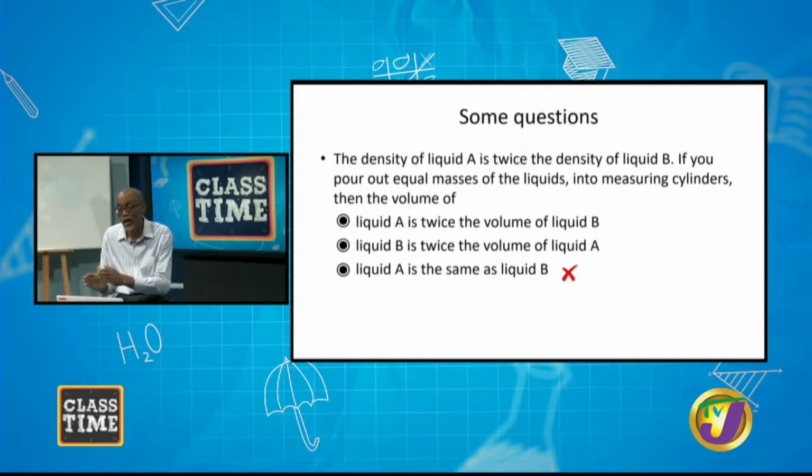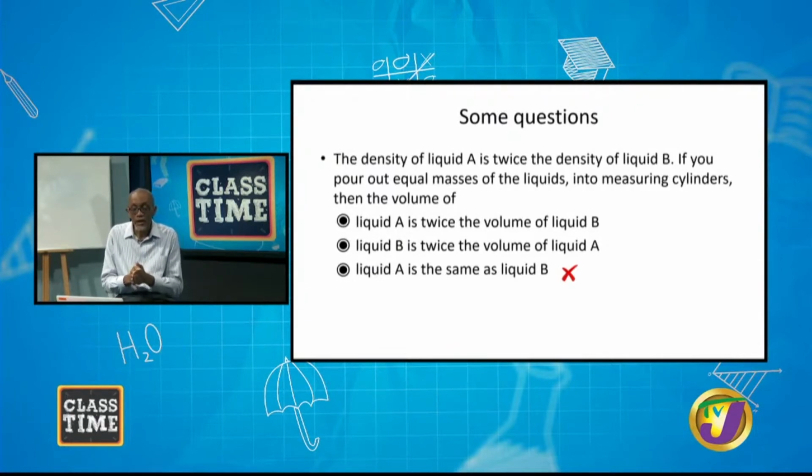Remember what we saw? When they had the same mass, the one with the smaller density had greater volume for the same mass. So since liquid B has a smaller density than liquid A, we would expect that the volume of liquid B would be greater for the same mass.